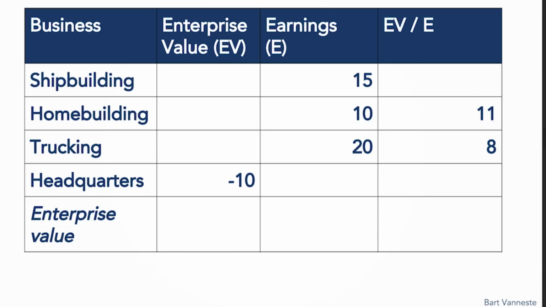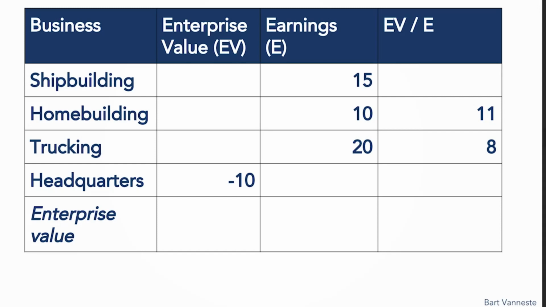The basic idea is that what we did for shipbuilding, that is comparing it with other shipbuilding businesses, we're going to do exactly the same for home building and for trucking. For home building, we will be comparing that business with other home building businesses, and for trucking, we will be comparing that with other trucking businesses. So let's recap.